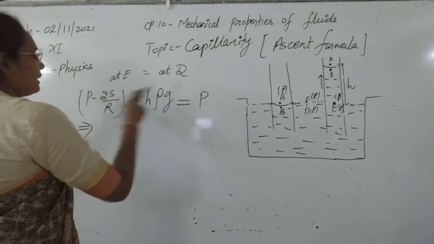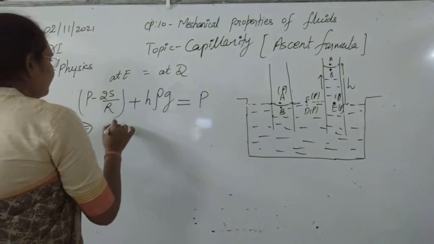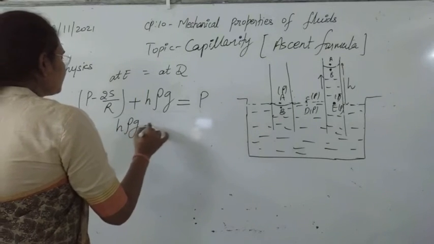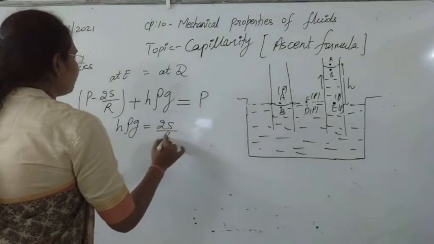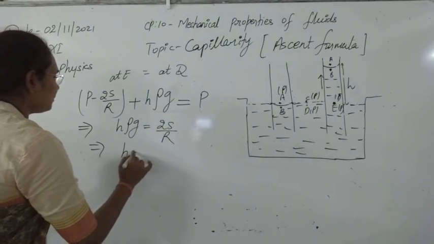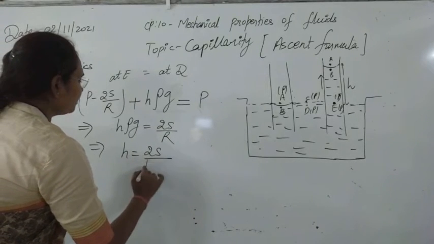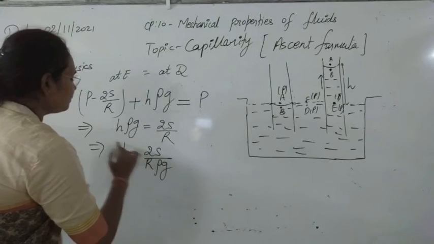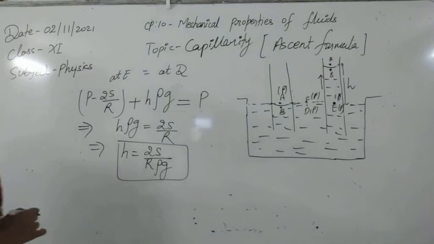If you solve, P will be cancelled out first, and from here H rho g is obtained as 2S upon R, and H can be obtained as 2S upon R rho g. This is the ascent formula we have obtained after the solution.